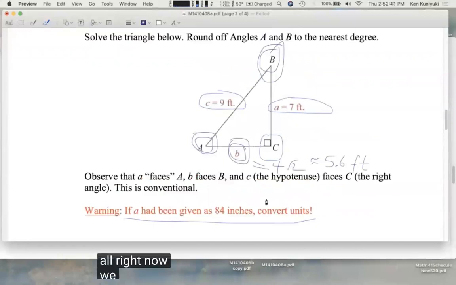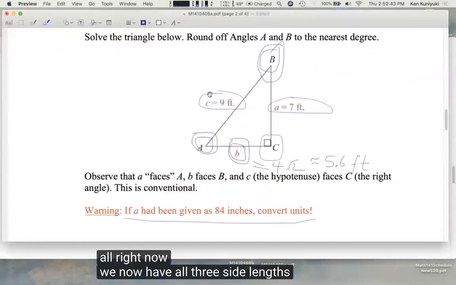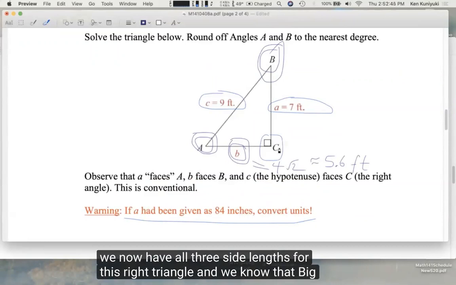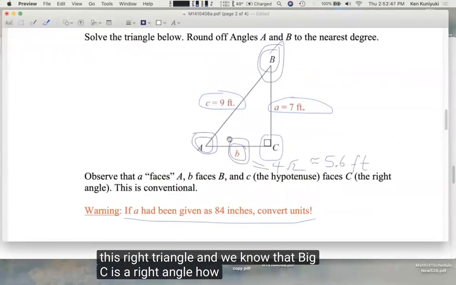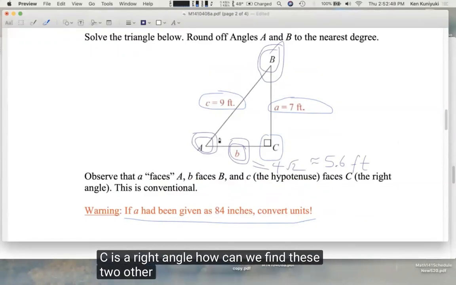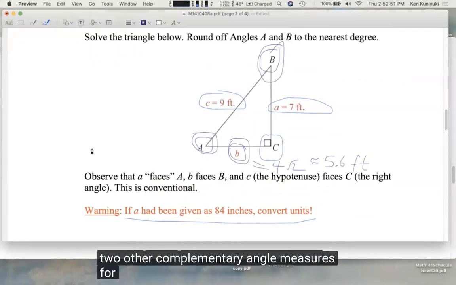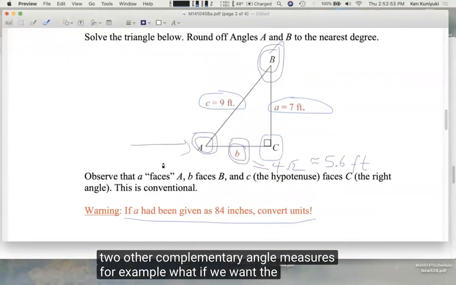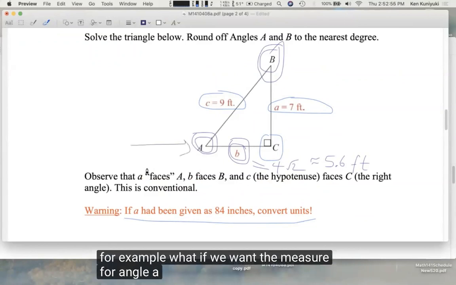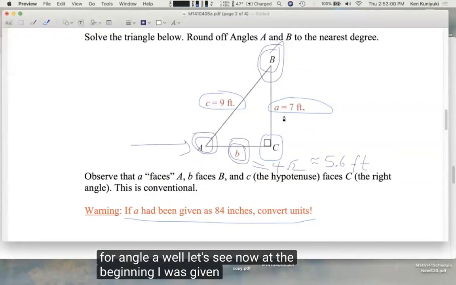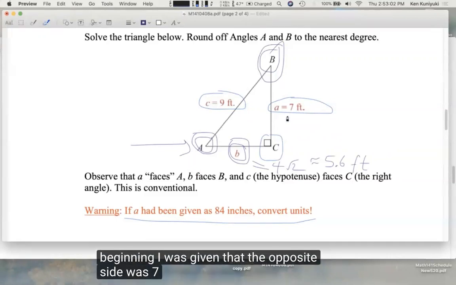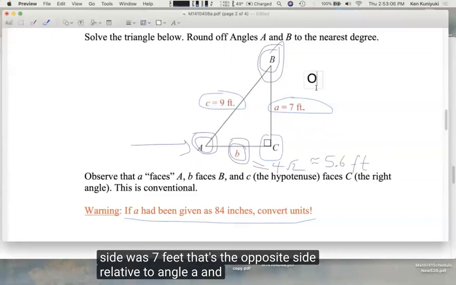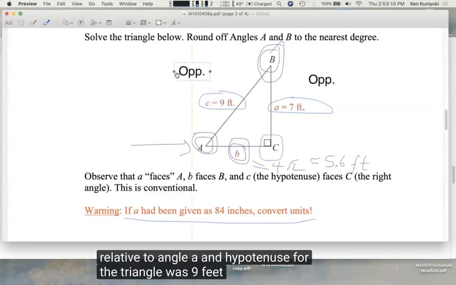Now, we now have all three side lengths for this right triangle, and we know that big C is a right angle. How can we find these two other complementary angle measures? For example, what if we want the measure for angle A? Well, let's see now. At the beginning, I was given that the opposite side was 7 feet. That's the opposite side relative to angle A. And the hypotenuse for the triangle was 9 feet.